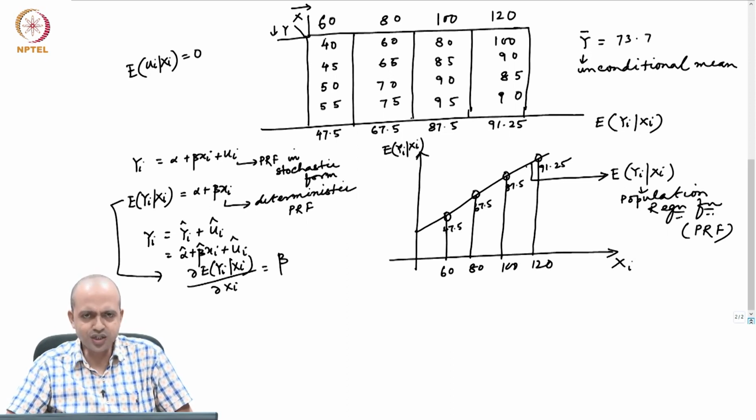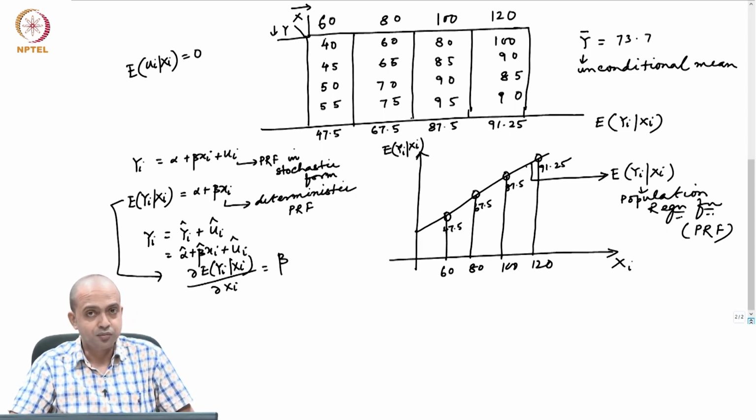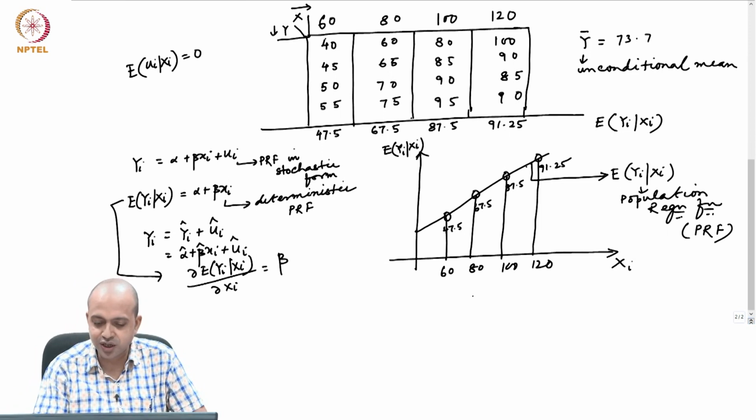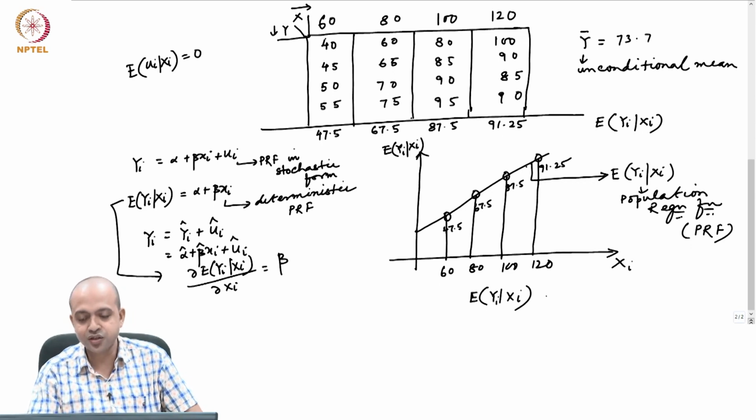Unless I tell you, the change of 10 rupees does not make much sense. So, whenever I introduce a change concept in econometrics, because I am trying to interpret beta, we must keep in mind what our reference point is, and the reference point is the expectation of y given xi. That means the reference is the sample average.